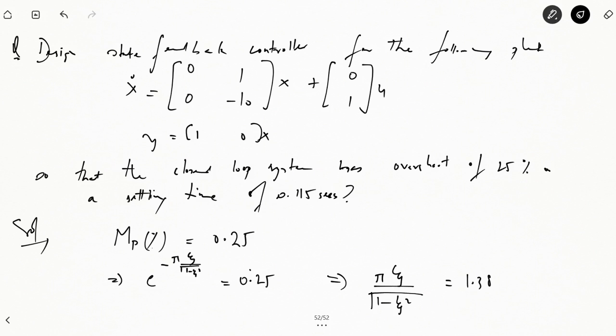Solving for zeta, cross multiply and squaring both sides, zeta will come out to be 0.40. So for your desired system, zeta is 0.40.